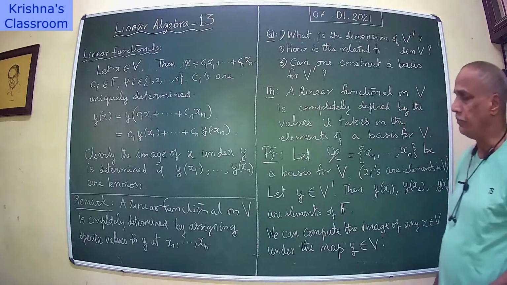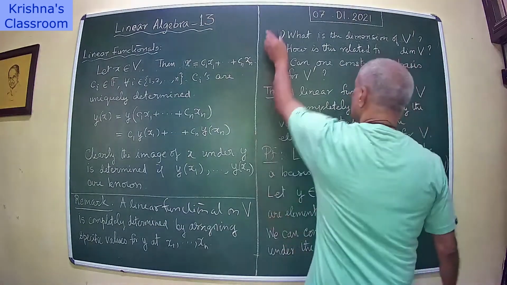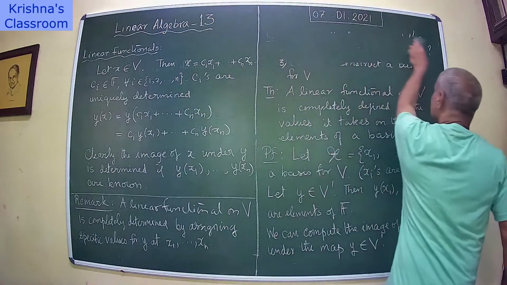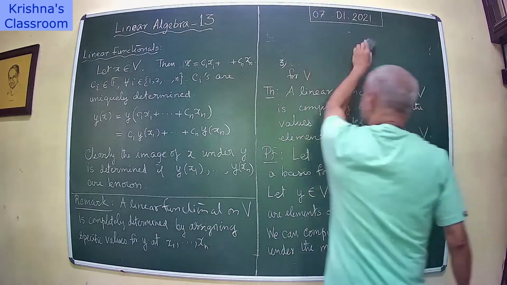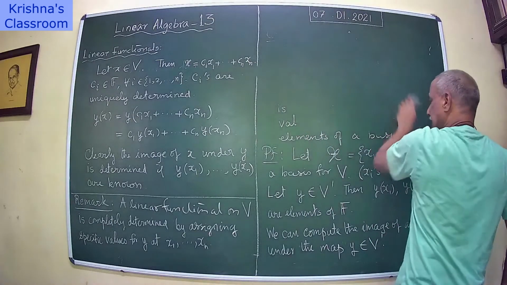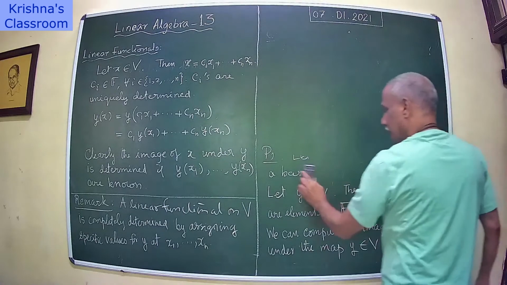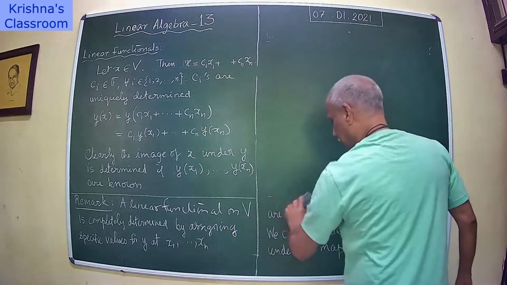If you specify y x1, y x2, y xn, then y is completely determined. Now we shall make use of this. So the next step is to prove our theorem. We have done only the first part, right?